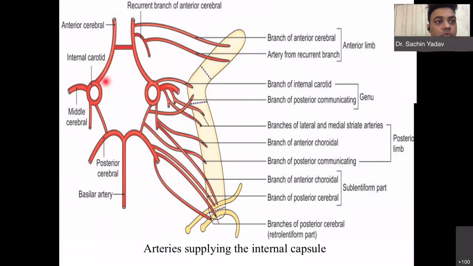You can see these two arteries known as the internal carotid arteries, and from the posterior side, the basilar artery, part of the vertebral artery. The arteries are uniting in such a way that they form a circle.